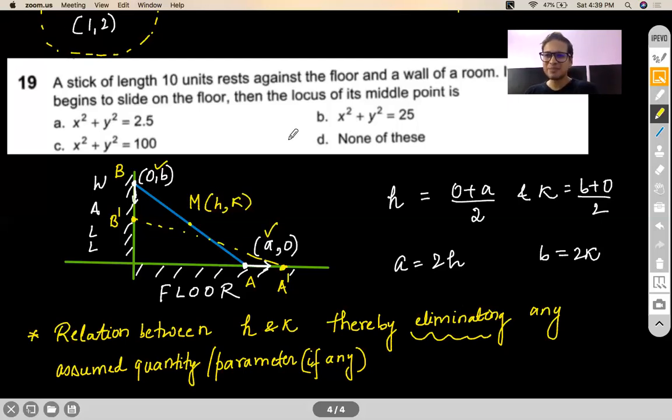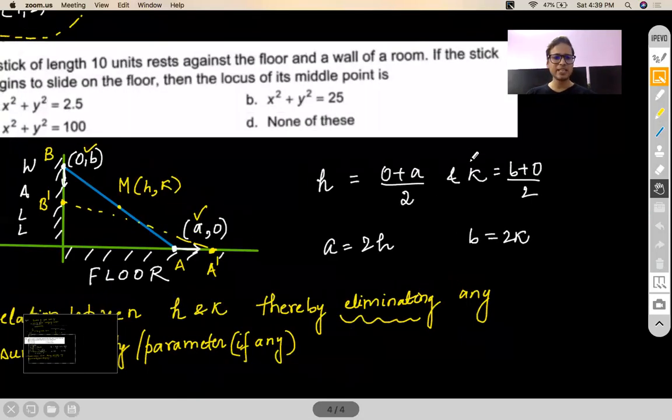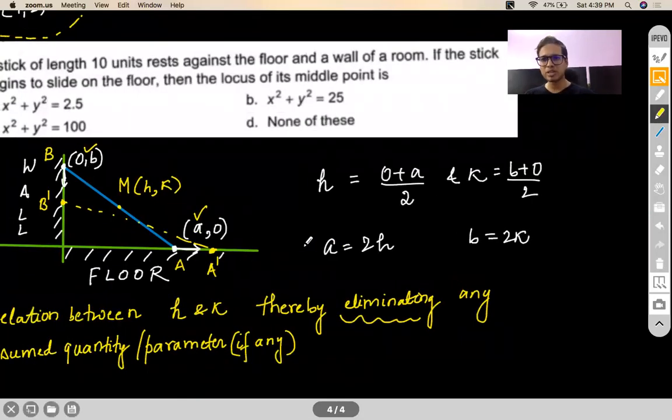No, because A and B is something which I have chosen to solve the problem. The problem setter never mentioned any A and B. Okay. So I should get a relation between H and K, thereby eliminating any parameter or assumed value that I have taken in order to simplify my life. Okay. So how will I strike a relationship between H and K? Now, what I can see is that when the ladder is slipping, it will always satisfy the Pythagoras theorem.